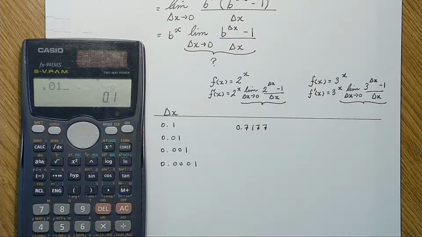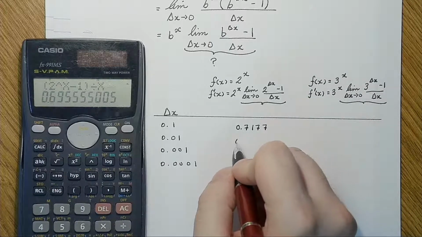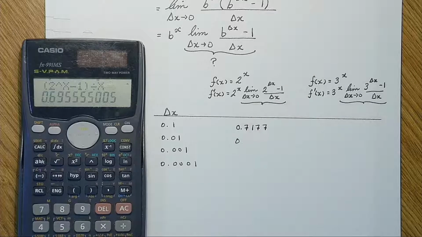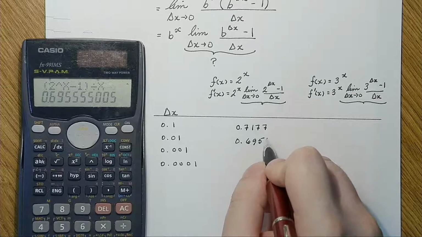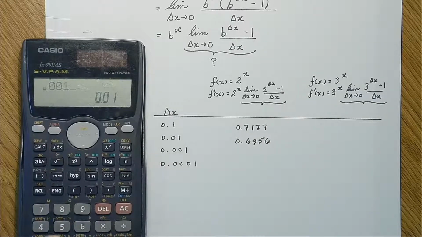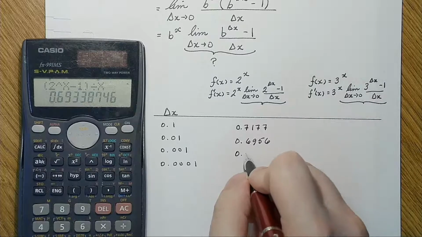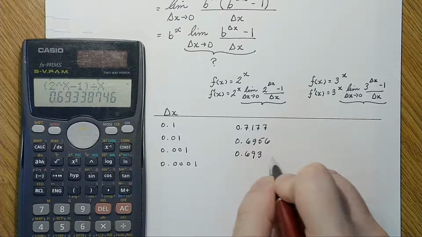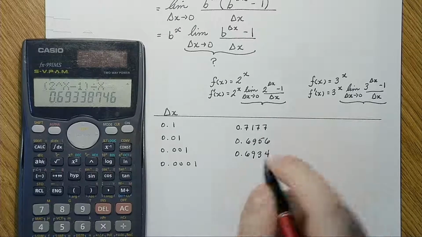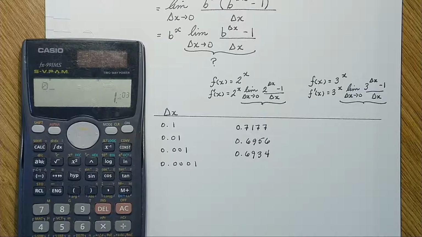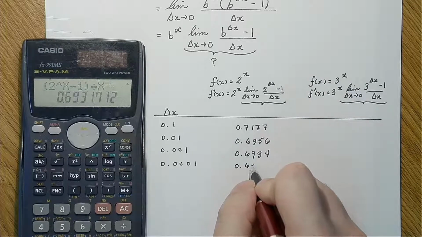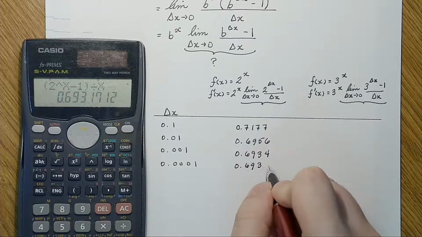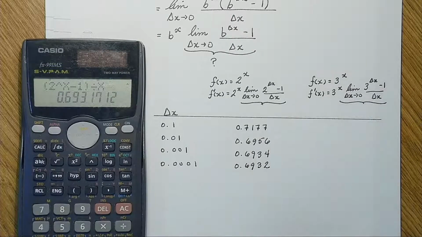For 0.01, I get 0.695, and for 0.001, I get about 0.6931. And lastly, we'll do it for 0.0001.